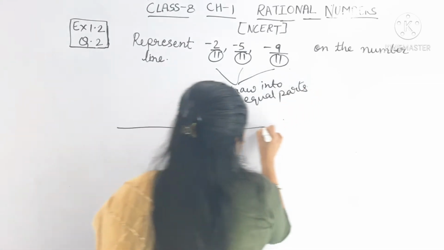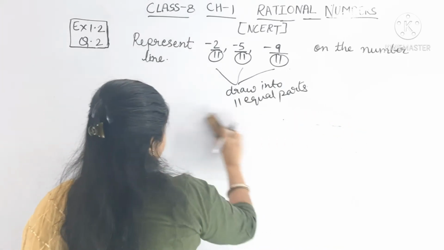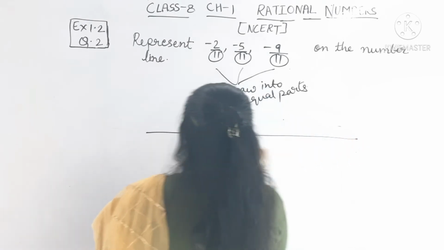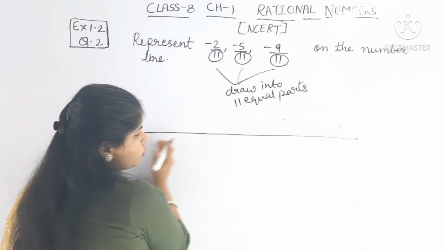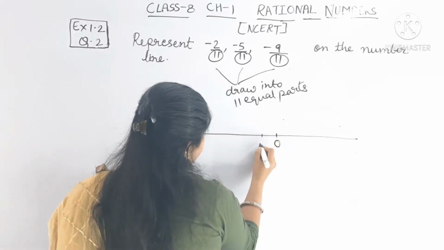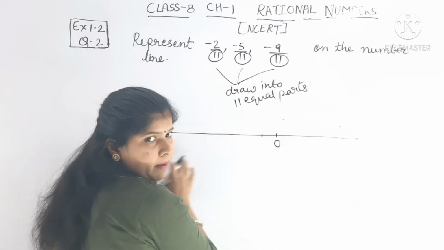So I am drawing the number line. All are negative, so we have to draw in the negative side. 0, we have to draw 11 equal parts between 0 and -1.